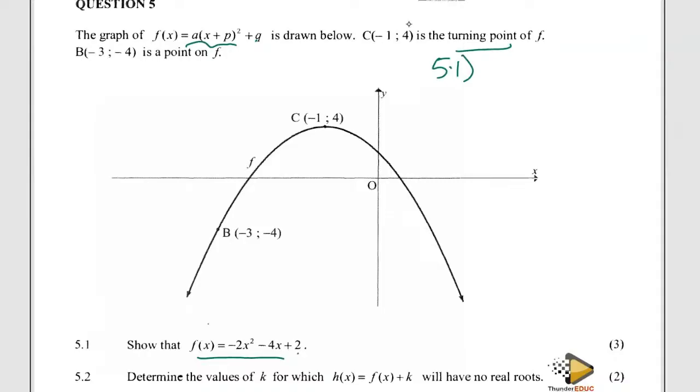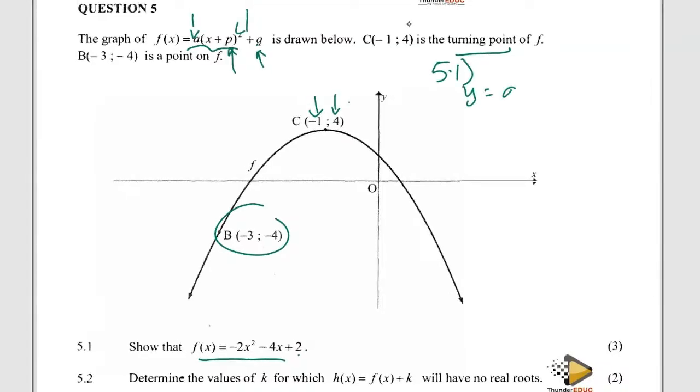Okay. So since this is the turning point approach, we know that it's going to be this one flipped around. And then q represents the 4. Then for us to get the a, we can use the point B. Okay, so I'll say y or f of x is equal to a into (x plus 1) squared, and then plus 4.